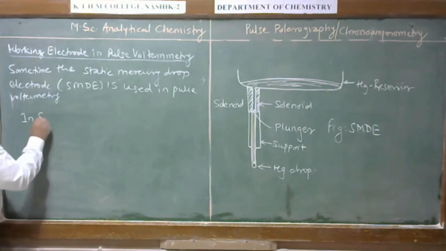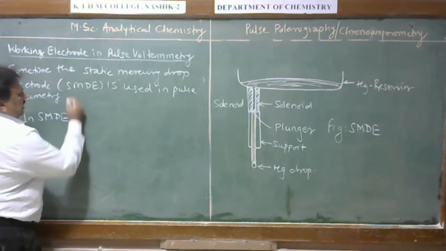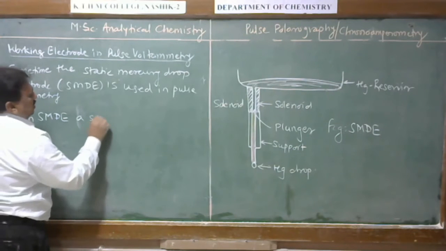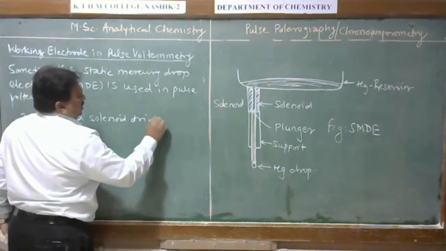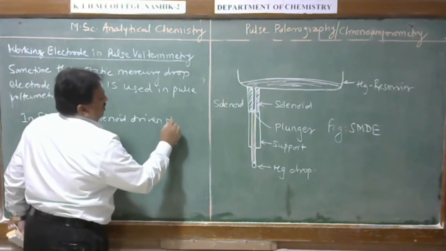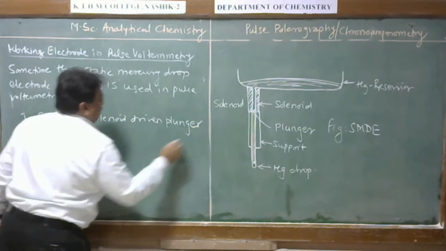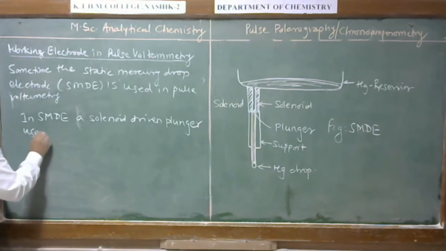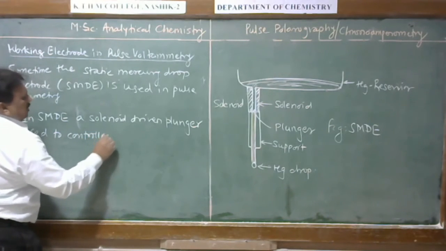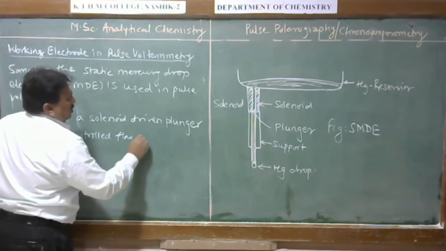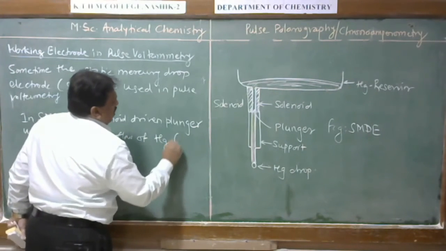In a static mercury drop electrode, a solenoid plunger is used to control the flow of mercury from the capillary.